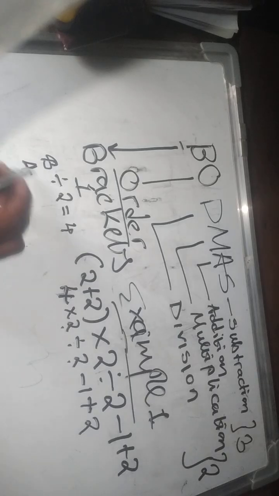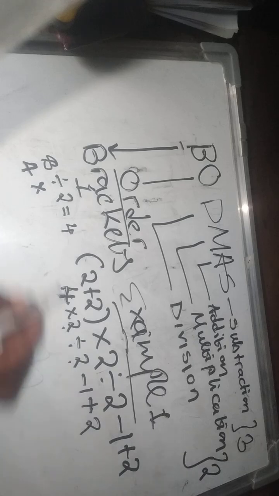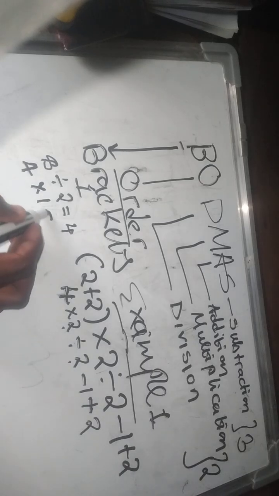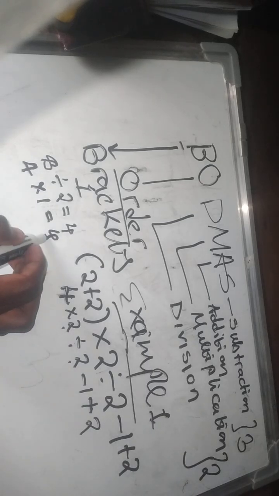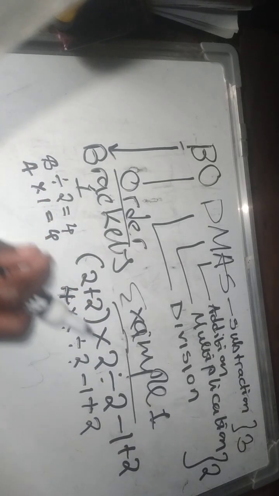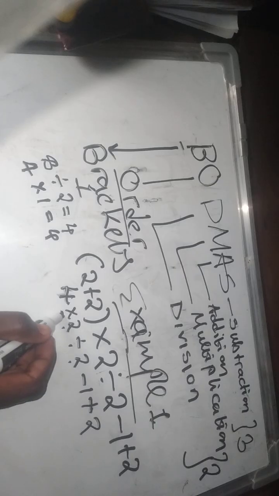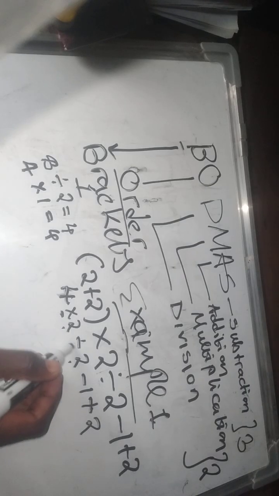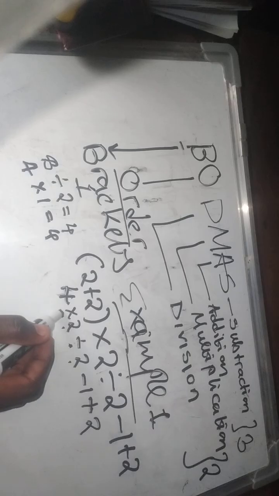So 4 times 1, we get 4. This is what I was explaining: you can start with multiplication and end with division, or start with division and end with multiplication, and you still get the same solution.